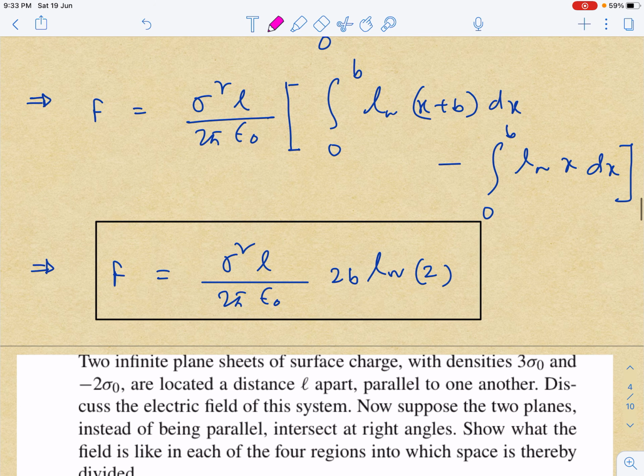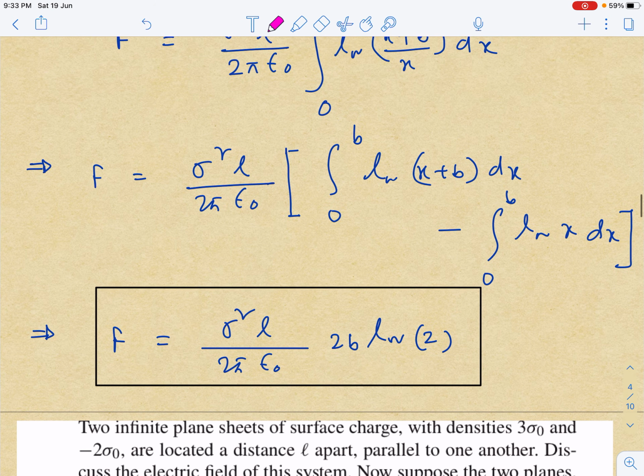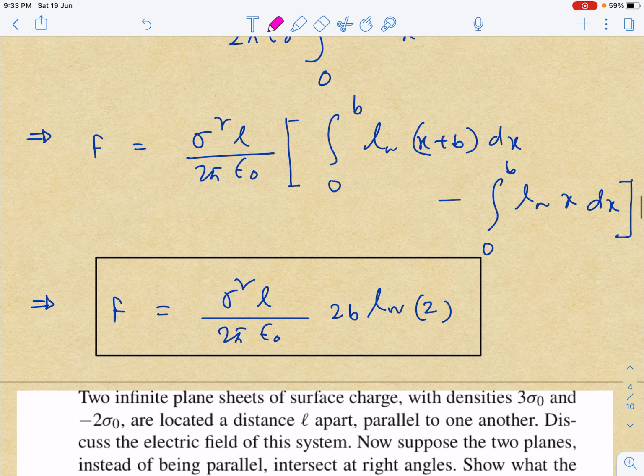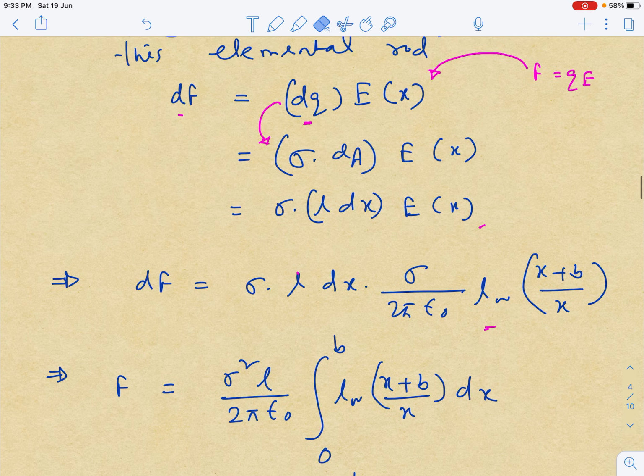After integration, I hope you are sophisticated enough mathematically to carry out this simple integration. So the result will be F is equal to sigma square L by 2 pi epsilon naught times 2b log of 2. Since they are asking for the force per unit length, I will write force by L, and this will be the final answer. So F by L is equal to sigma square by 2 pi epsilon naught 2b into log of 2.